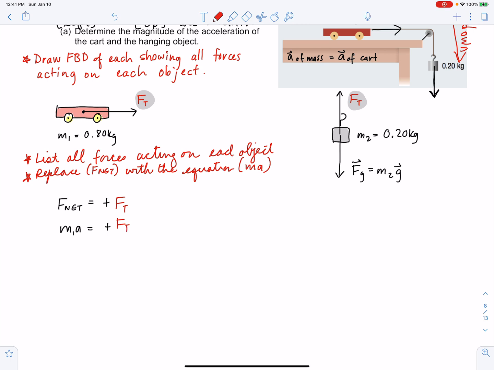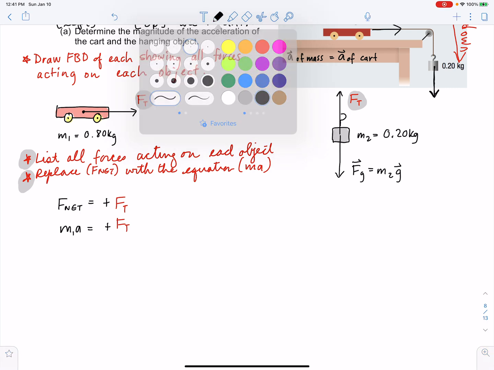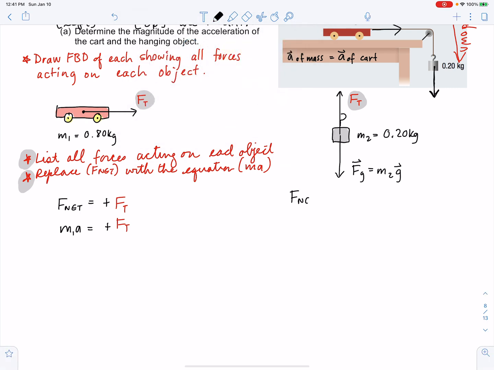All right. We're going to do these same 2 steps, list all the forces, and replace the term F net with the equation for object number 2. So for object number 2, the net force, and remember we're using plus or minus to indicate direction. So we are going to talk about first the force of gravity.